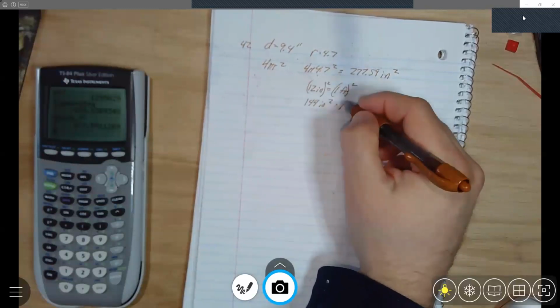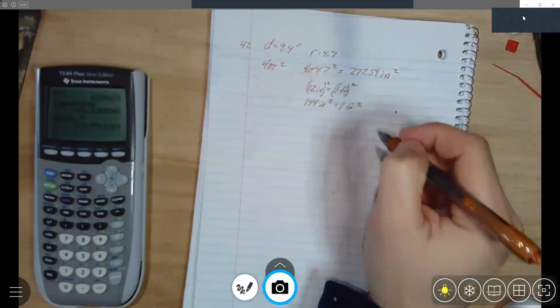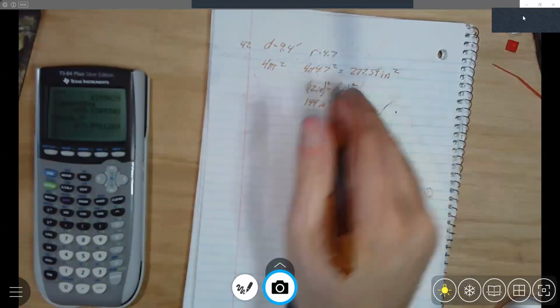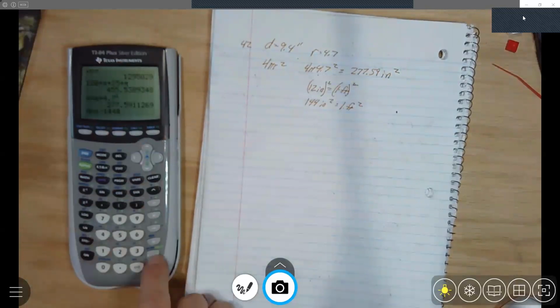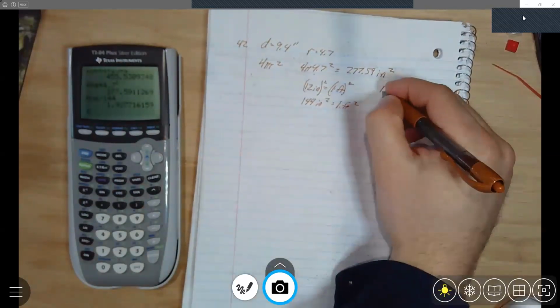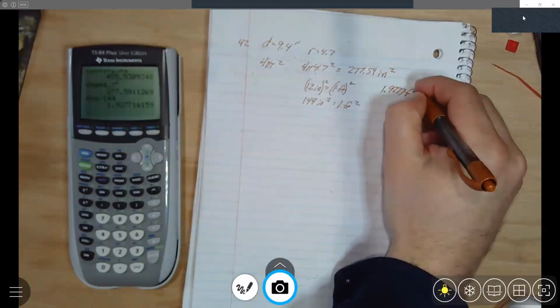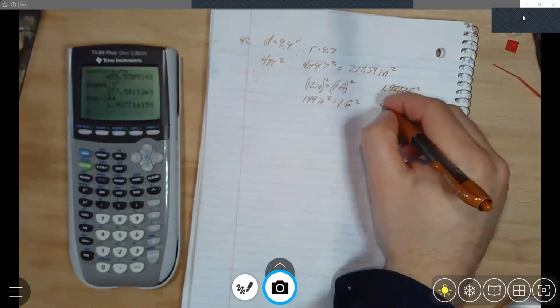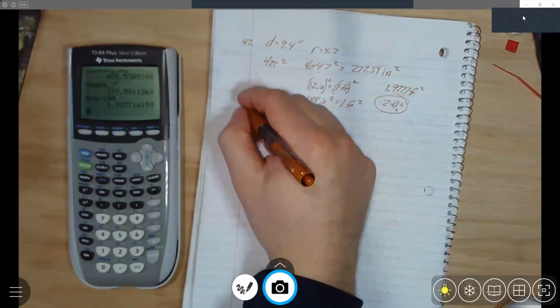The square to the 1 squared is 1, and the unit. So we got to divide this by 144. And so we get 1.9277 square feet. It says round to the nearest square foot. So that's 2 square feet. Read the directions.